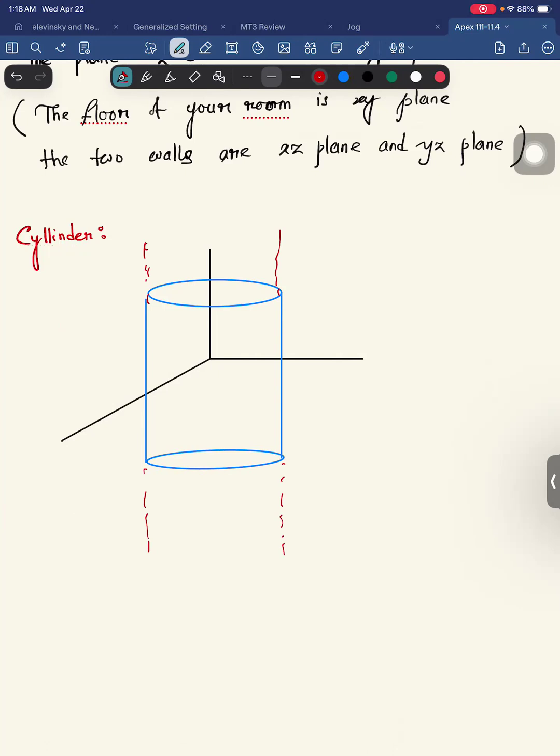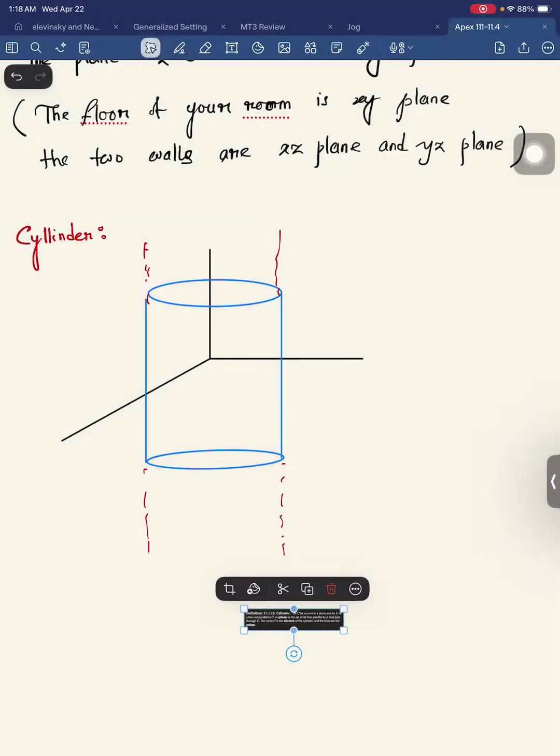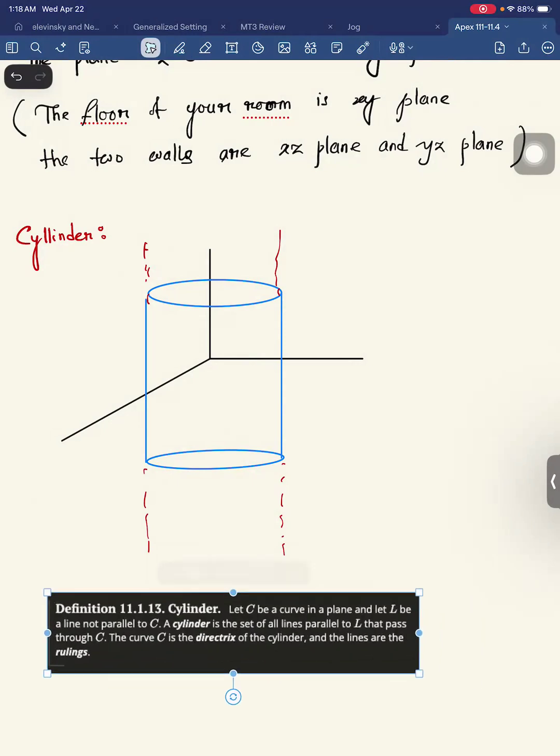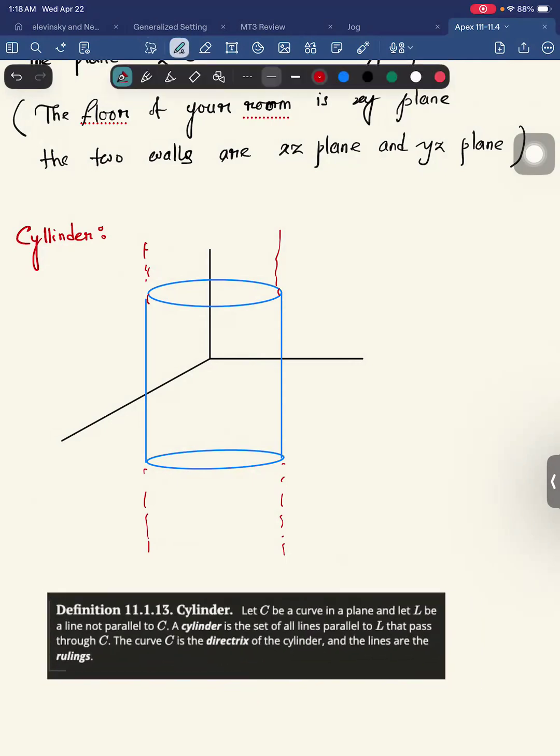You can copy paste the definition. So as you can see, the cylinder always has a circular cross-section, right? This circle has a certain equation, right? The radius of this circle is called the radius of this cylinder. Okay.